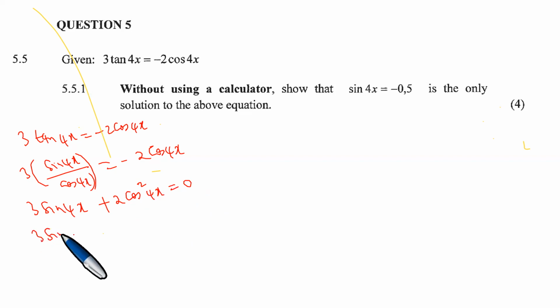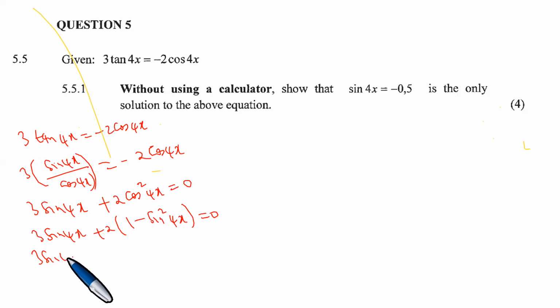So we have 3 the sine of 4x plus 2. What is cosine squared? It is 1 minus the sine squared of 4x. And this equals 0.